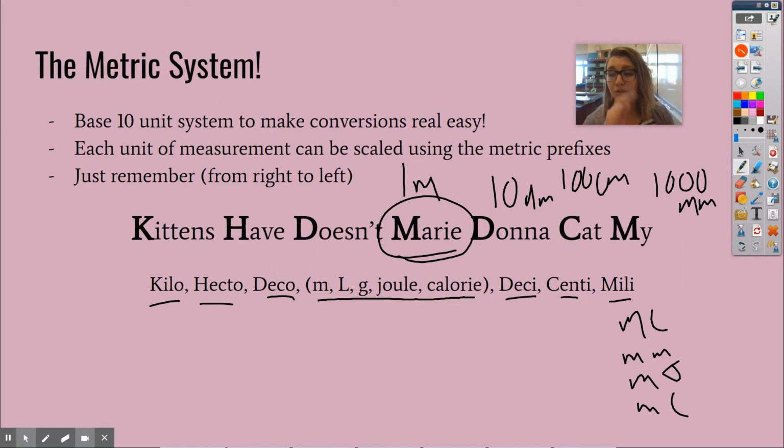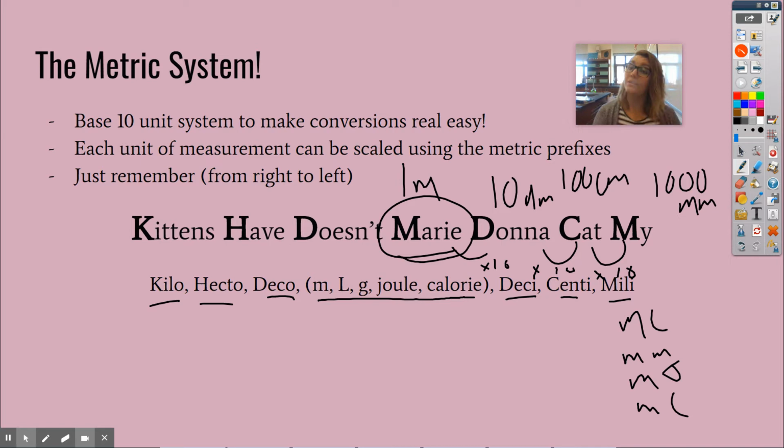So as you see, when you're going to the right, it goes up by base 10, which means you multiply by 10. So between each one of these, you're going to do times 10, times 10, times 10.